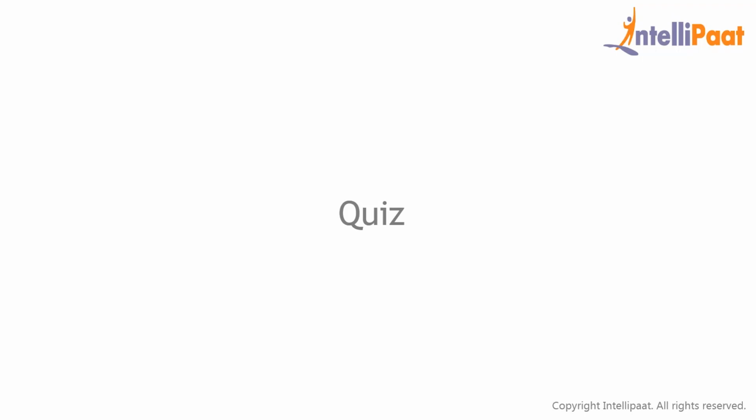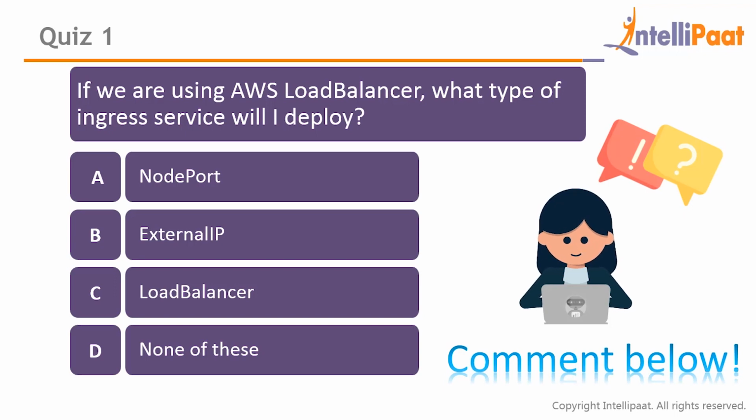Alright guys, now let's go ahead and start with the quiz. The question is: if you're using the AWS load balancer for your Kubernetes cluster, what type of ingress service will I deploy? Right now in the Kubernetes cluster, I was using the kubeadm way, and I was not using a load balancer, so I defined a specific service for that.